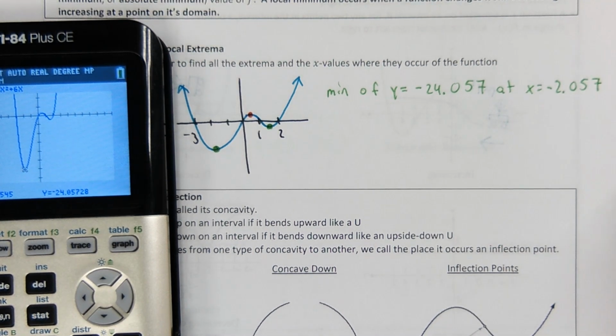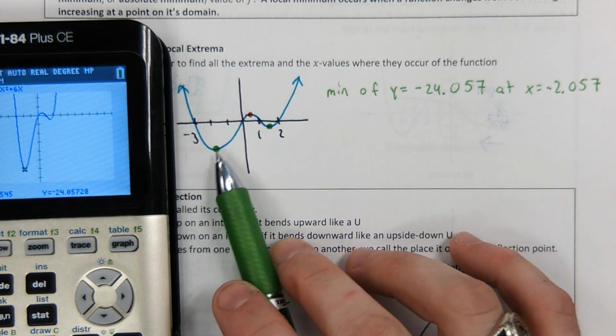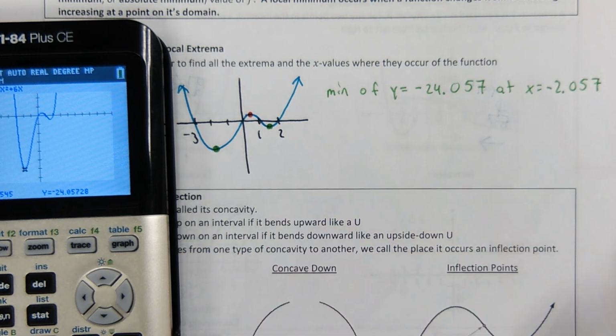Remember, for AP, we're always going to round to 3 decimals. That was this one. Now you just wash, rinse, repeat for this one, the other minimum.